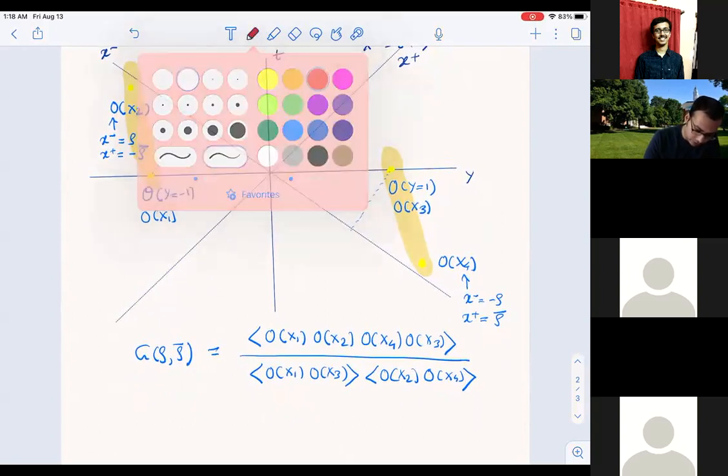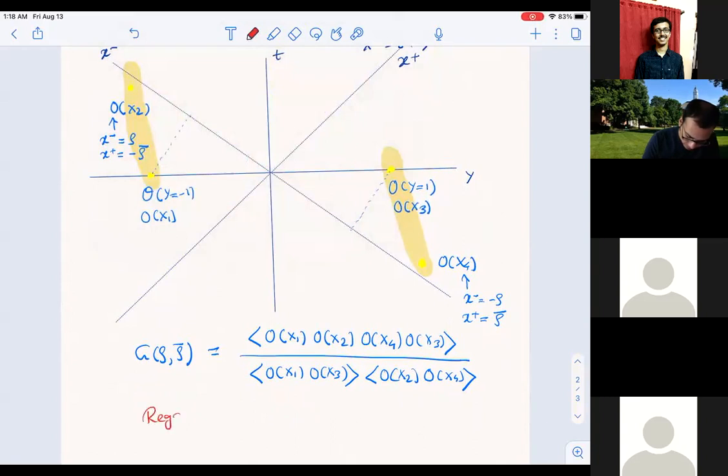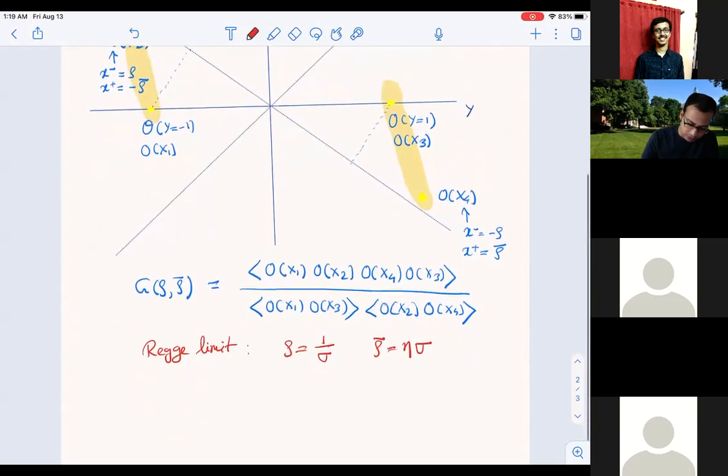Now the Regge limit is best described if I just perform a coordinate change, a redefinition of rho and rho bar. So the Regge limit is when I take sigma to 0 with eta fixed and between 0 and 1. So this is the Regge limit.